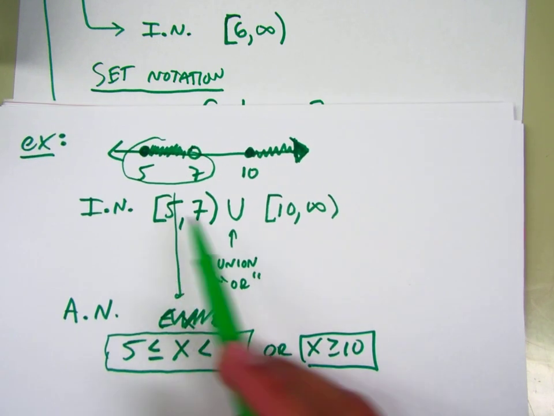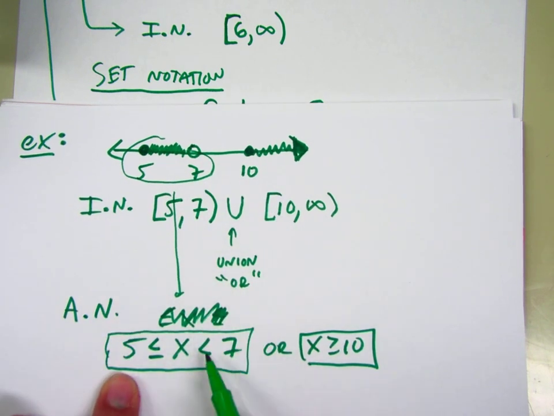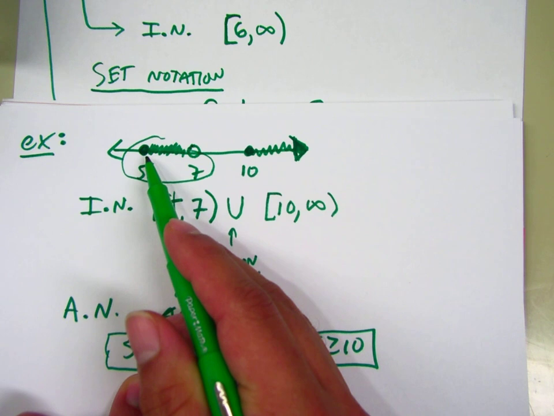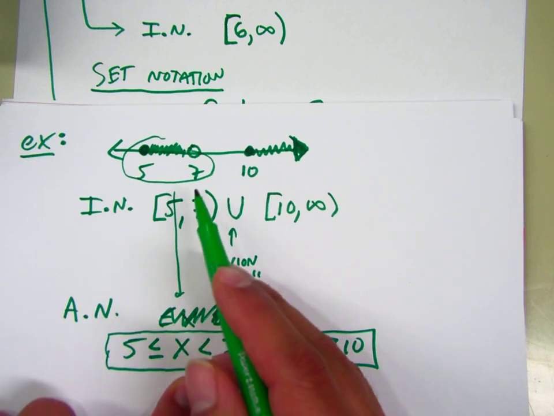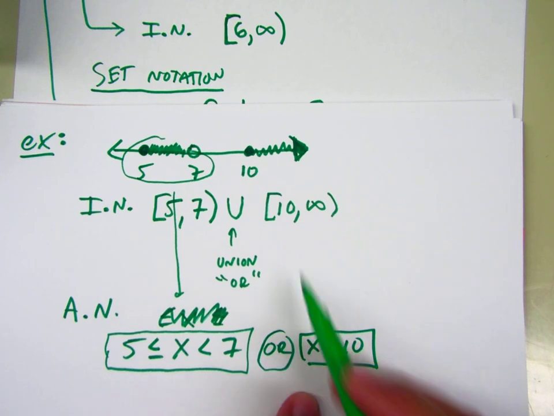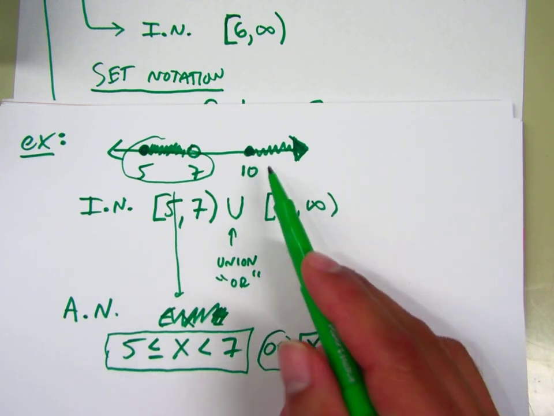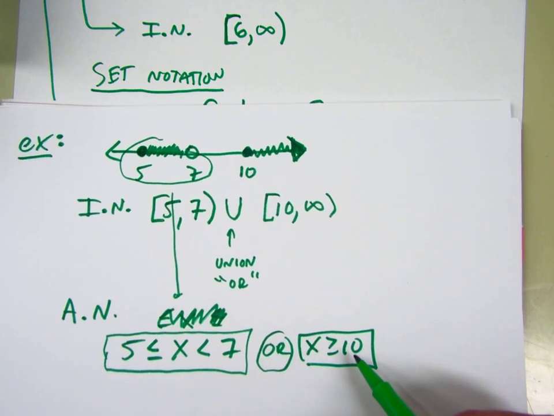Anytime you're stuck between two numbers, you use this compound inequality notation. x goes in the middle. You always go from left to right, just like we do with interval notation, and we keep the symbols matching what we see. If it's an open circle or a closed circle: here we have a closed circle for 5, so we have a less than or equal to. 7 was open, so that's just less than. Again, we use or since there's a second section here, and this section starts at 10 and goes on to the right, so that's x is greater than or equal to 10.